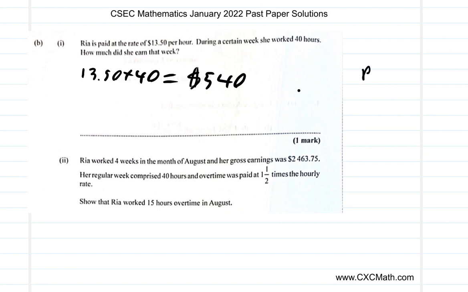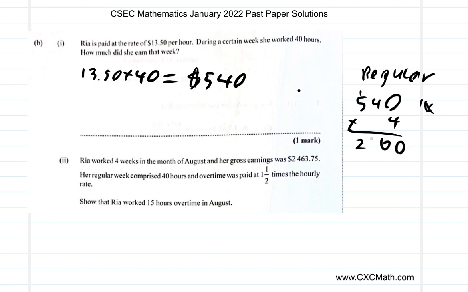So, the regular pay is 540 by 4. So 4 times 0 is 0, 4 times 4 is 16, bring down the 6, carry 1, 4 times 5 is 20 and 1, 21. She would earn $2,160 for the month.